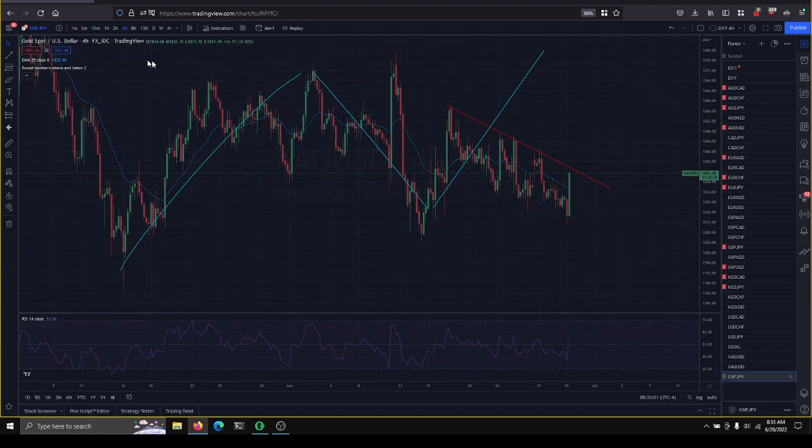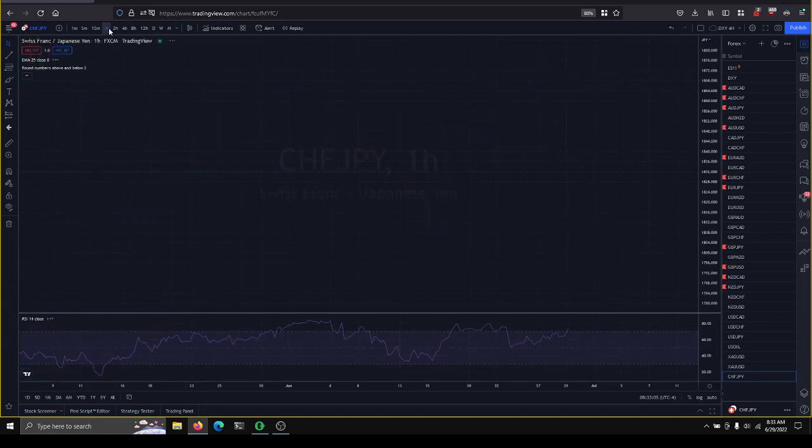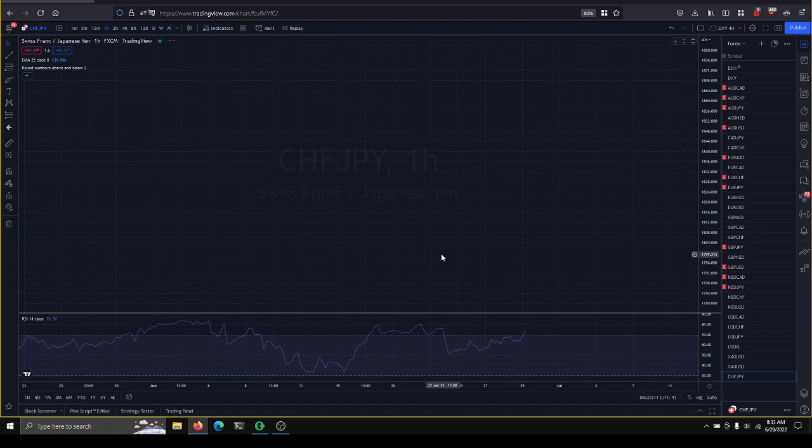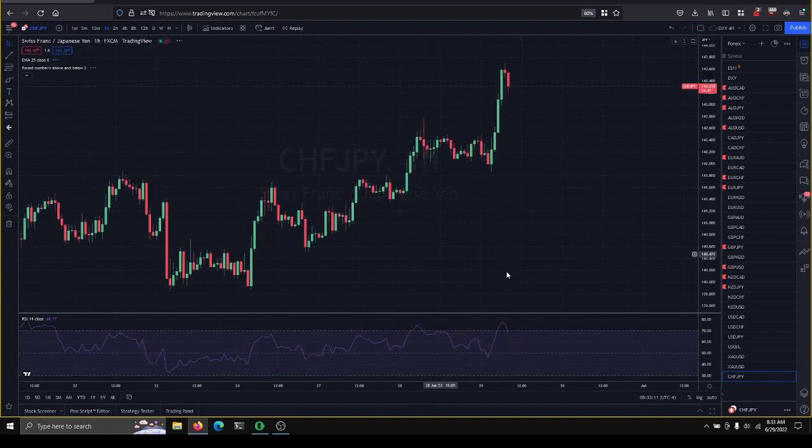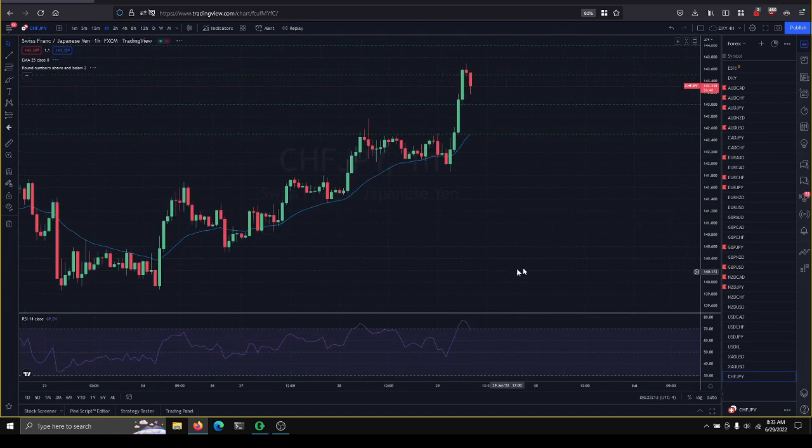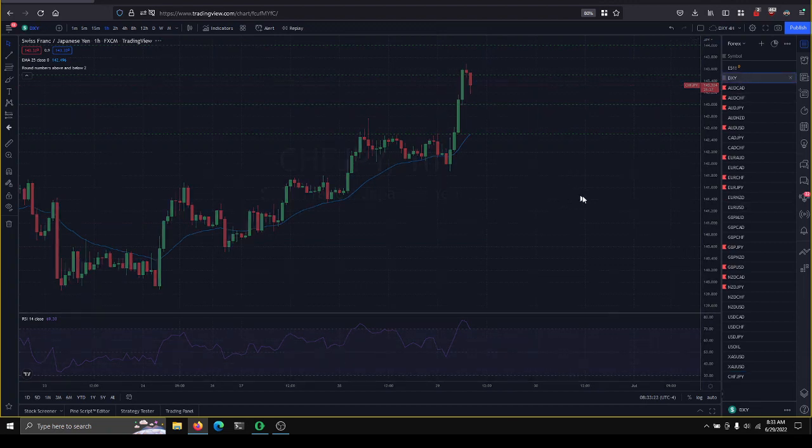Chief JPY. 1 hour chart. Some reaction off this round number. We'll see if it keeps going. DXY, same as the euro.